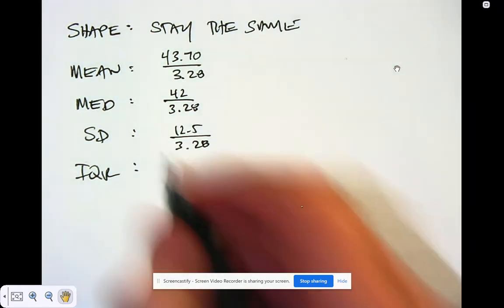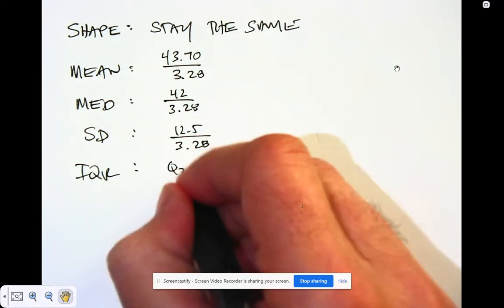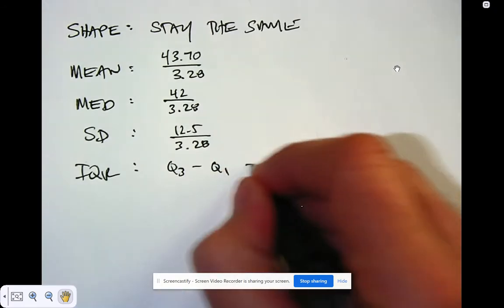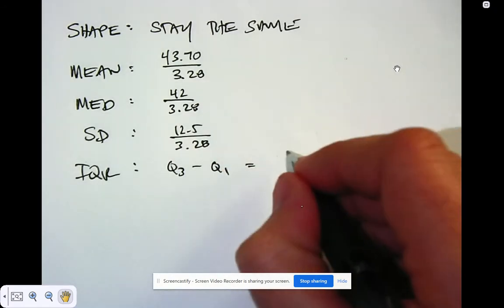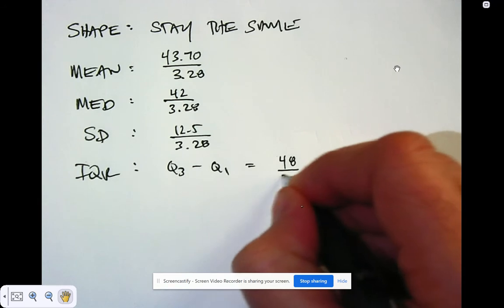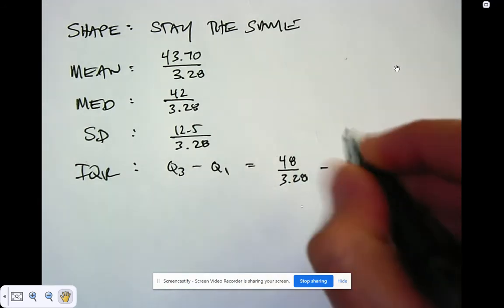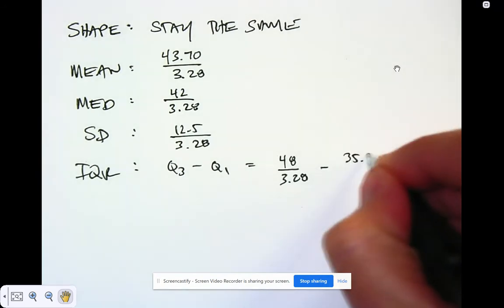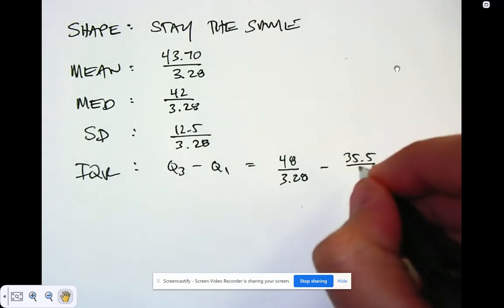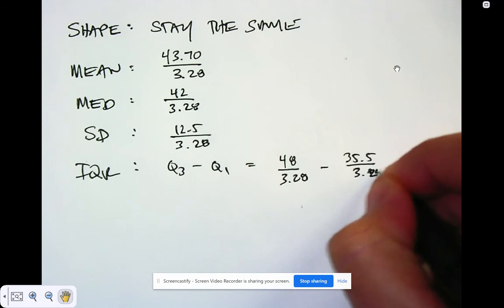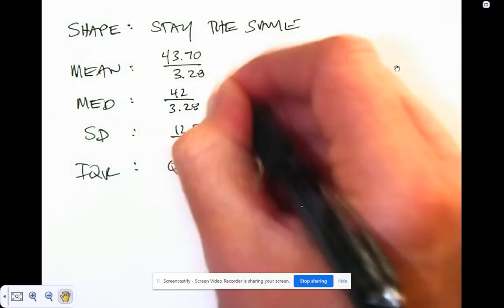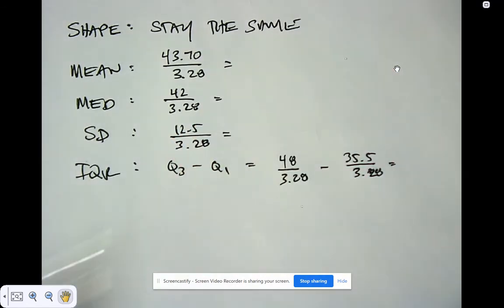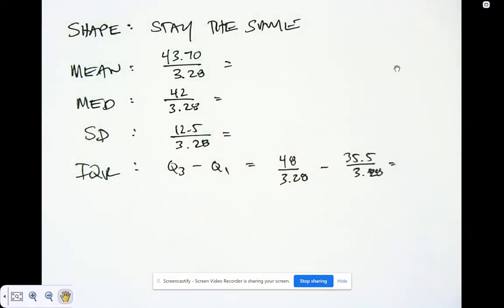And IQR is quartile 3 minus quartile 1, right? So what you would have to do is take quartile 3 and divide that by 3.28 and subtract quartile 1, 35.5 divided by 3.28. For sake of time, I'm not going to do the division for you, but that's what you would go through and do.